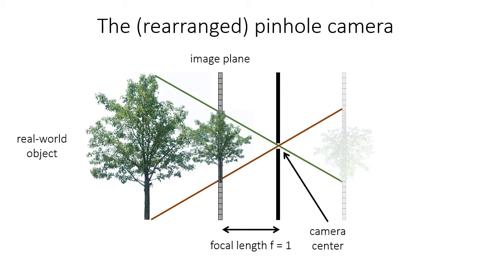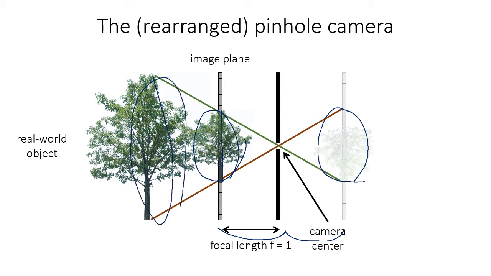So same distance, it is not reversed. So physically the image is mapped to here, but virtually we can think the image plane is here, just a scaled version of this real object on this virtual image plane, and the distance from this barrier is focal length f, and it is assumed 1.